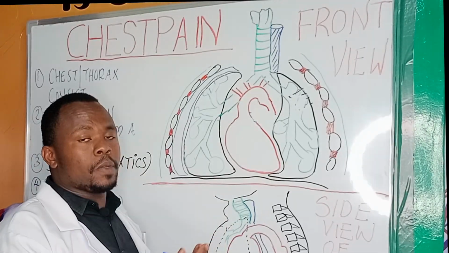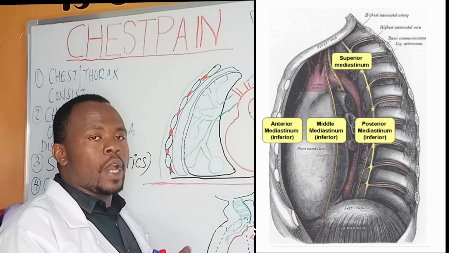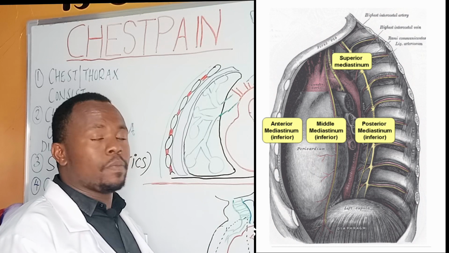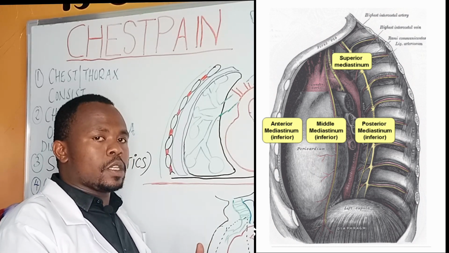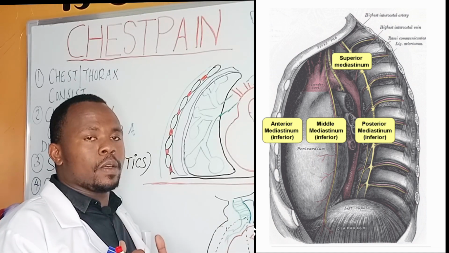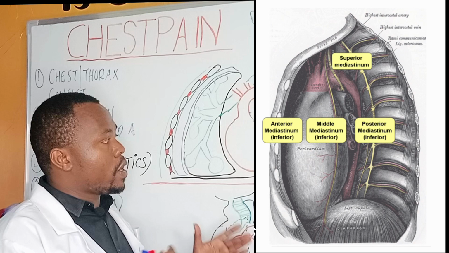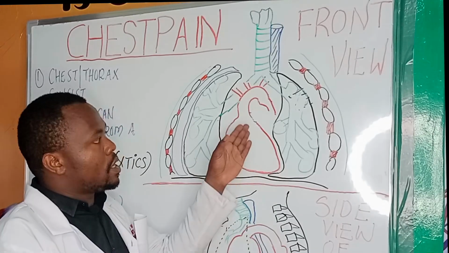The lower mediastinum is subdivided into 3. We have the anterior, the front mediastinum. Then we have the middle mediastinum, which is the space where the heart occupies, and then we have the back or posterior mediastinum, where the aorta passes, the thoracic aorta.